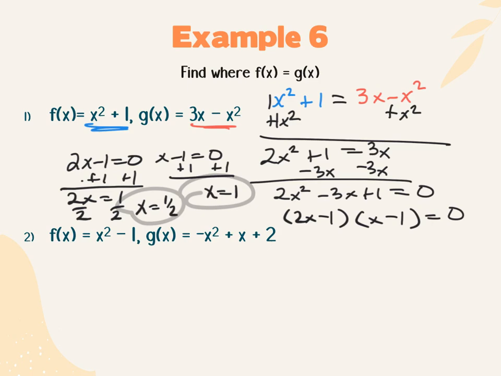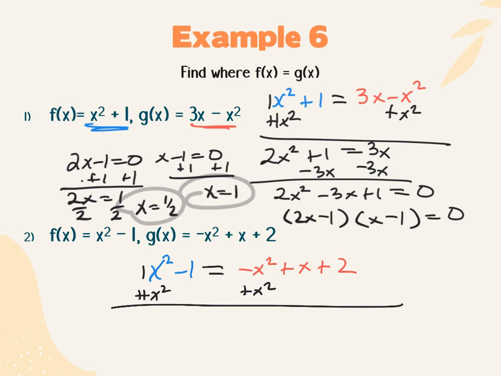I'm going to do the same thing on number 2. Set them equal to each other. x squared minus 1. Set that equal to negative x squared plus x plus 2. Group your like terms. So I'm going to add x squared to both sides.